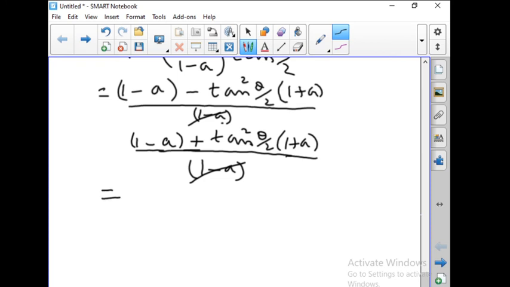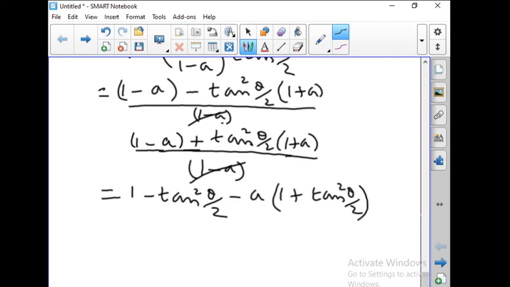Remaining, we can write it as 1 minus tan square theta by 2 into minus a, here we are having, and here we are having plus a. Okay, we have like this, that is 1 minus a, and here this is minus tan square theta by 2 into 1. So 1 minus tan square theta by 2, then minus a into 1 plus tan square theta by 2.